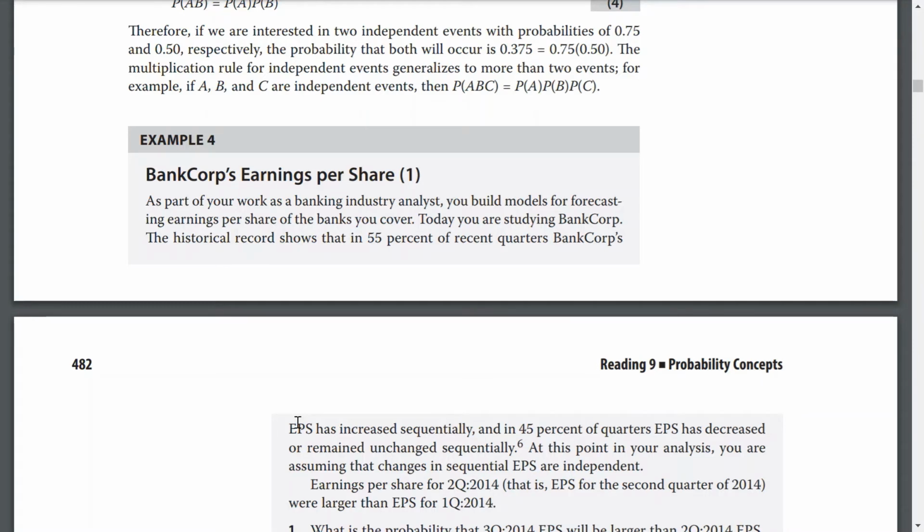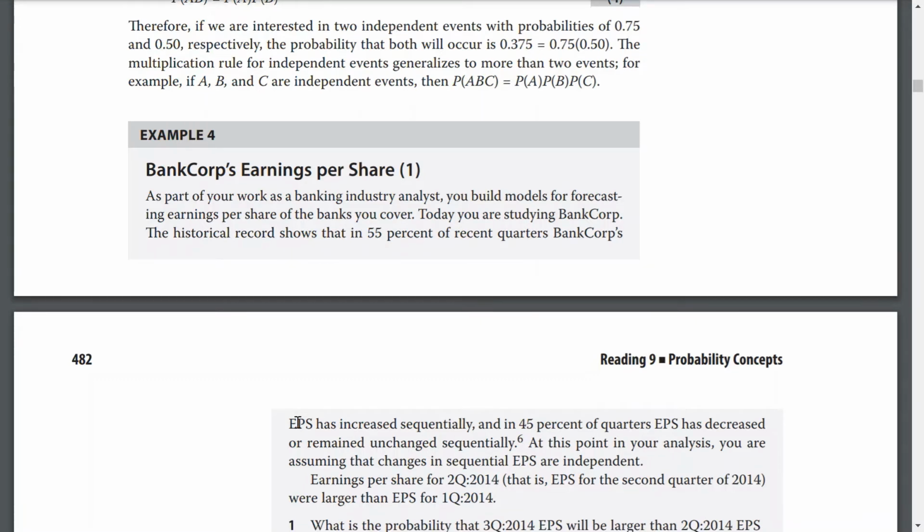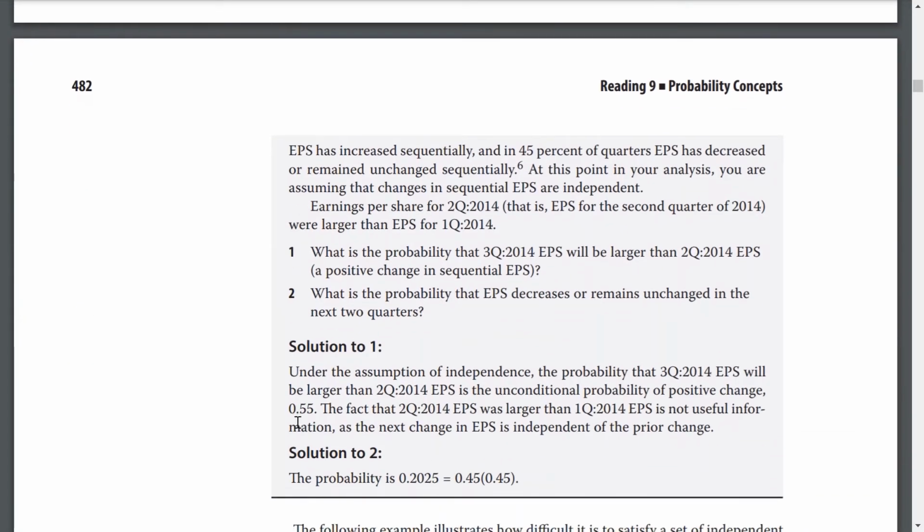Example 4, Bank Corp's earnings per share. As part of your work as a banking industry analyst, you build models for forecasting earnings per share of a bank you cover. Today, you are studying Bank Corp. A historical record shows that in 55% of recent quarters, Bank Corp's EPS has increased sequentially, and in 45% of quarters, EPS has decreased or remained unchanged sequentially.